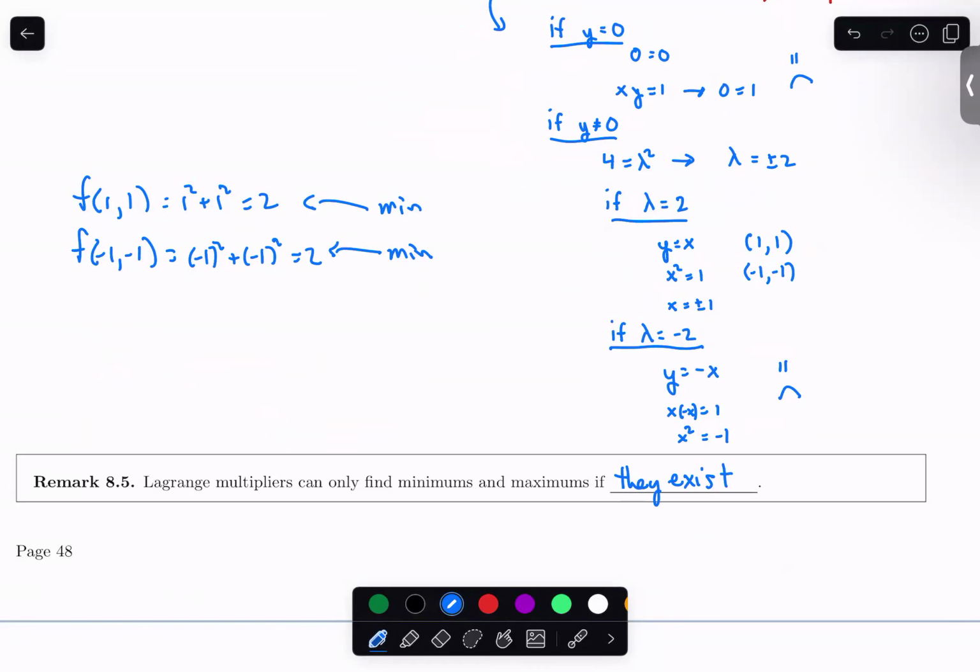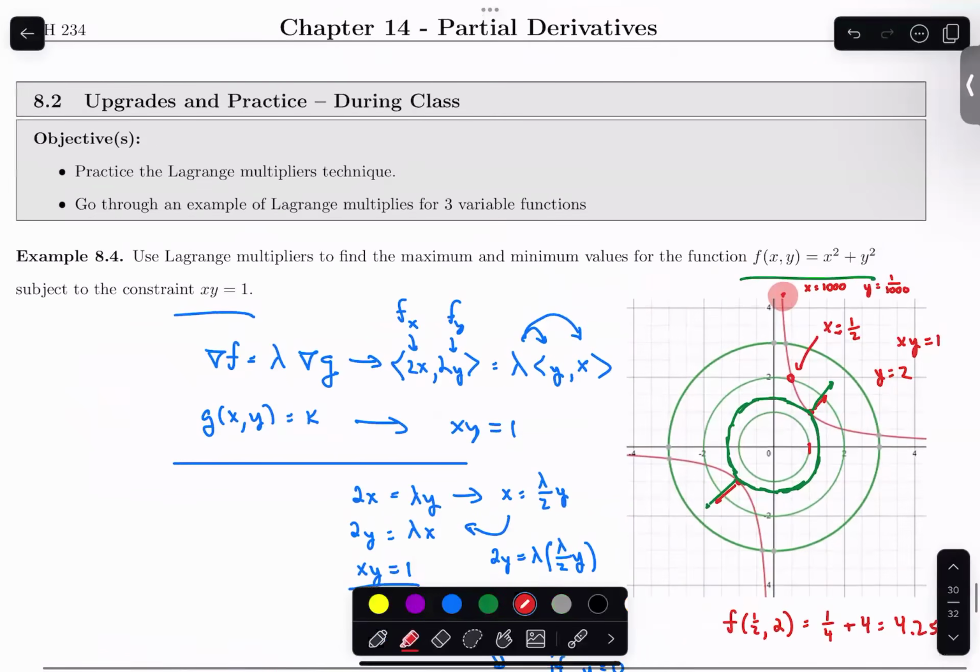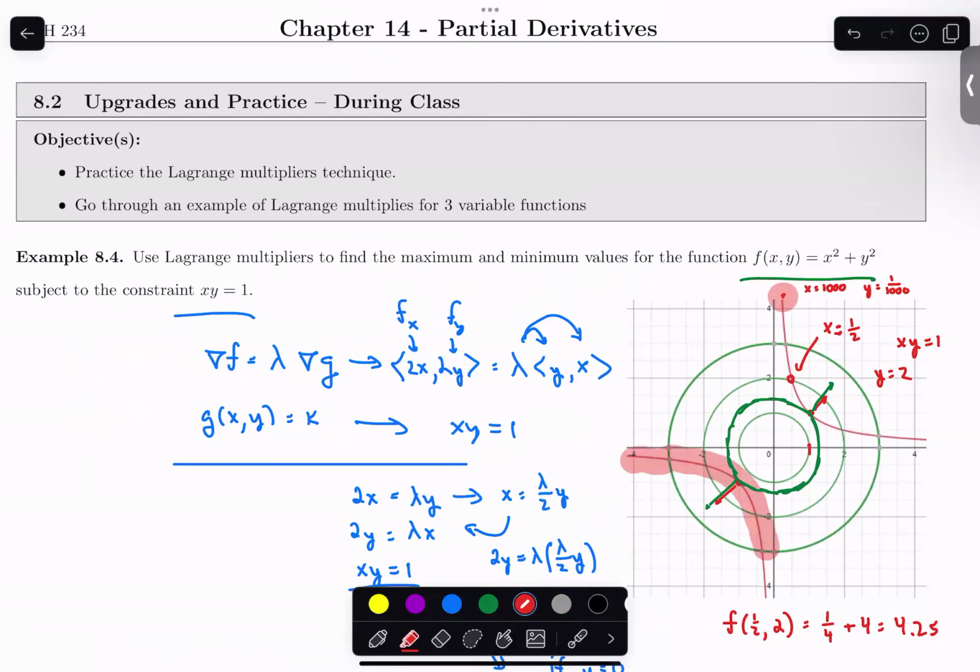This turns out to be a closed set. If we look at our set of points that satisfy our constraint equation, it does include all of its boundary points, and so it is closed, but it's not bounded. So the fact that you can go off to infinity in either direction is the fact that there may not be a minimum or a maximum. In this case, it turns out there's not a maximum, but there is a minimum.